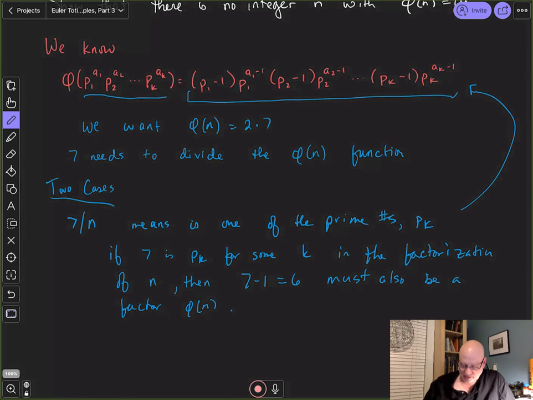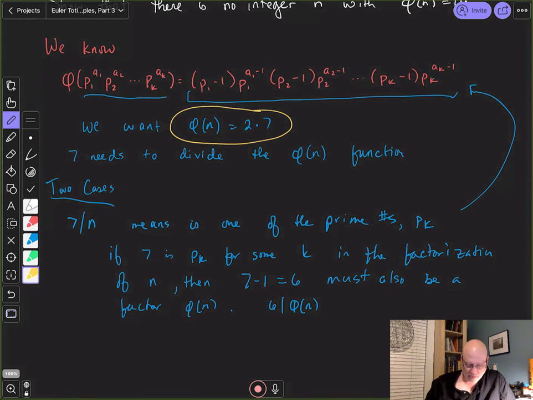In other words, 6 has to divide phi of n. But we've already shown that phi of n is 2 times 7. There's no 6 there. So if 7 actually divides n, then 6 has to be present when we calculate the phi of it. And so we've reached a contradiction if 7 divides n.